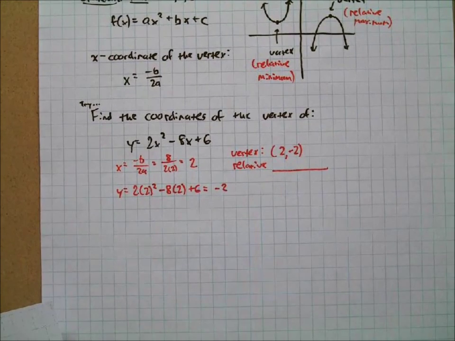In this particular case, this vertex we could also identify as a relative what? Maximum? Minimum? Well, the shape, again, is this going to be like a U? So it's a relative minimum.